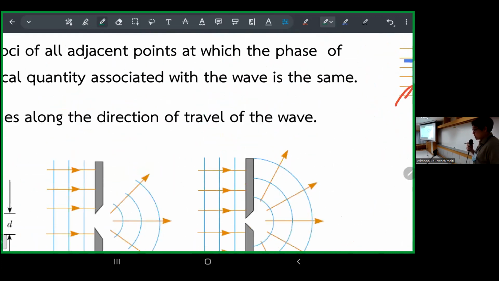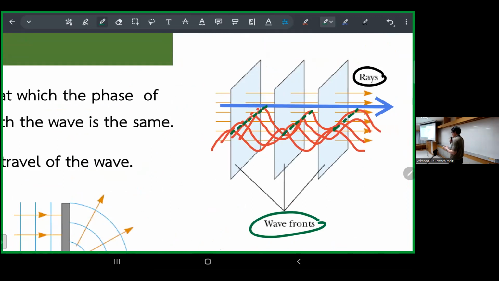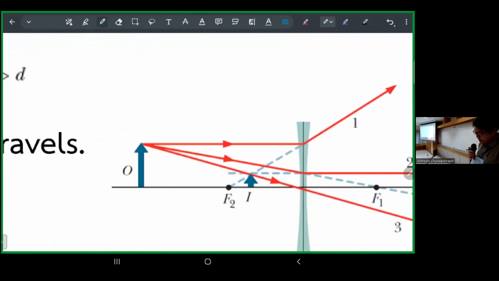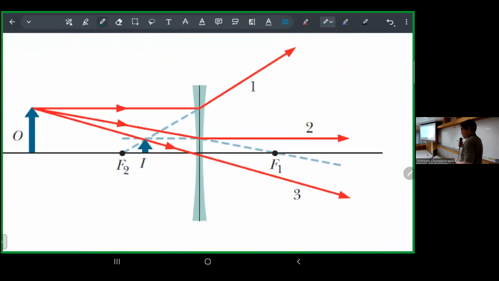Here we go. All right. So we are going to use rays to identify the movements of the light. We only care about the direction of motion, so we don't care about the fine detail of the sine and cosine, the oscillations, the two variable functions, and so on. So this is where this figure is going to come into play today.